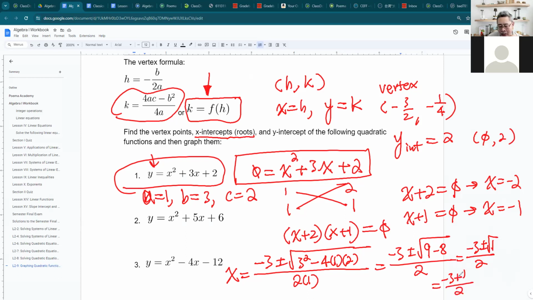If it's plus 1, then negative 3 plus 1 is negative 2, divided by 2 is negative 1. And if minus, negative 3 minus 1 is negative 4, divided by 2 is negative 2. So either way, we can use factorization or the quadratic formula to find our intercept points.